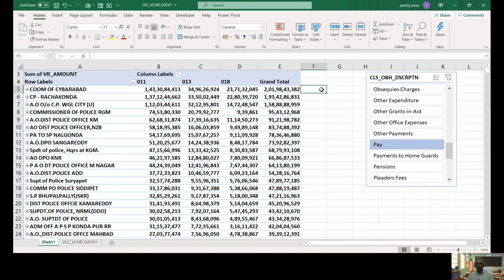Suppose this pay plus DA, if you compute, is the total annual salary expenditure. I mean, it is a model actually.